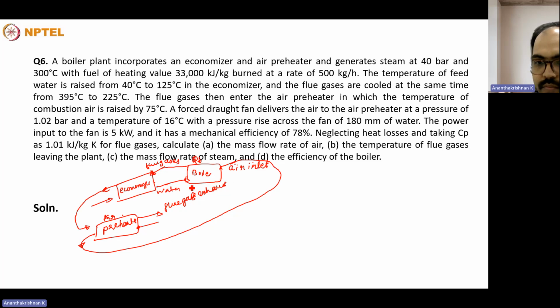This can be considered to be a schematic of this one. This is the water inlet. So this economizer, by tracking the flue gases, first of all preheats the water, then it preheats the air in the air preheater, before the gas is released to the outside ambient condition.